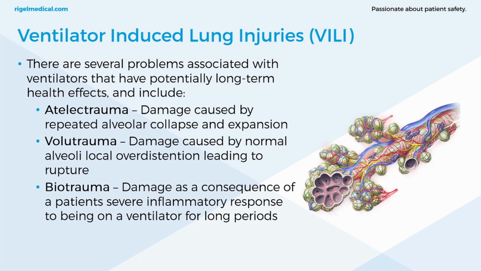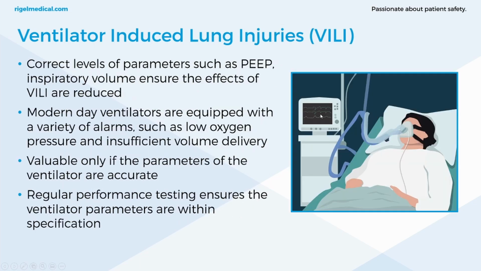This highlights why ventilators need to be performing accurately. Of course, many of these injuries could be caused by user error, putting in the wrong values, or undiagnosed conditions, but having ventilators perform accurately is crucial. So correct levels of parameters such as PEEP and inspiration volume ensure that the effects of VILI are reduced.